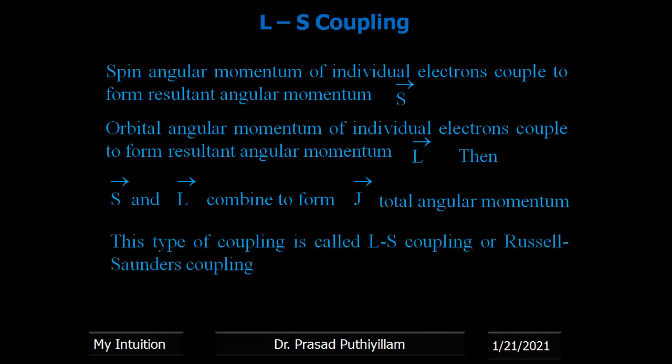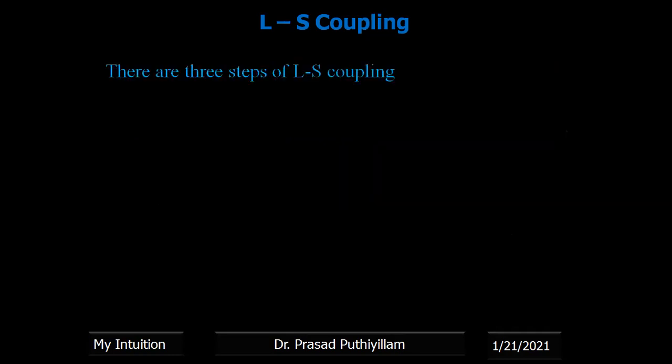This type of interaction between spin angular momentum and orbital angular momentum, we call LS coupling or Russell-Saunders coupling. Russell and Saunders were two famous astronomers who introduced this LS coupling term to explain the spectral behavior of many atoms.